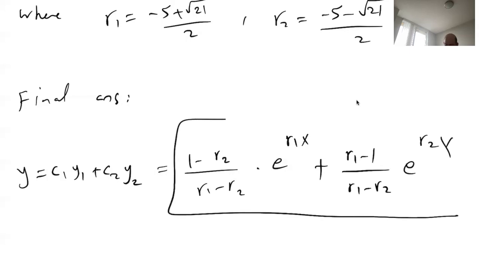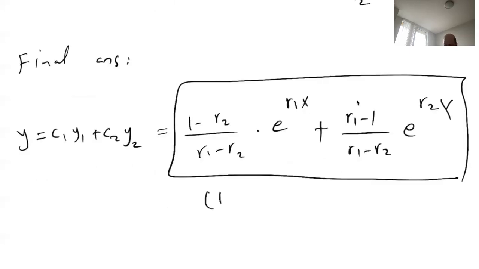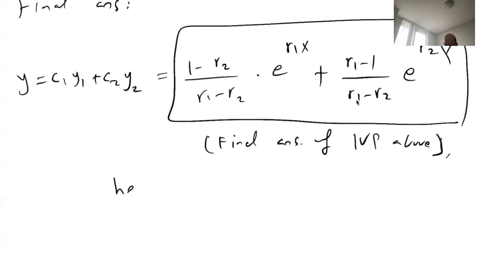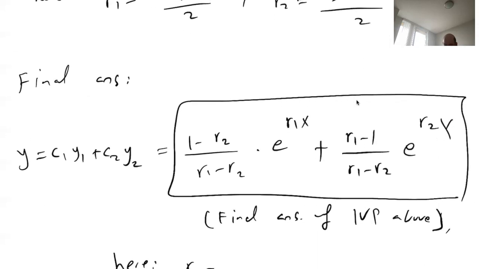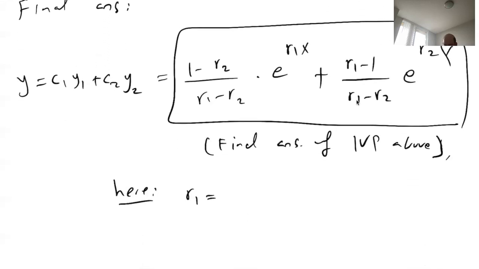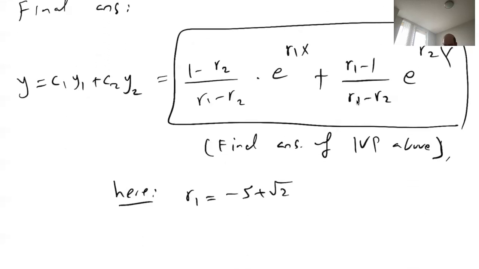So this is my final answer of the IVP above. And here, basically, R1 is minus 5 plus root 21 divided by 2, and R2 is minus 5 minus root 21 divided by 2.